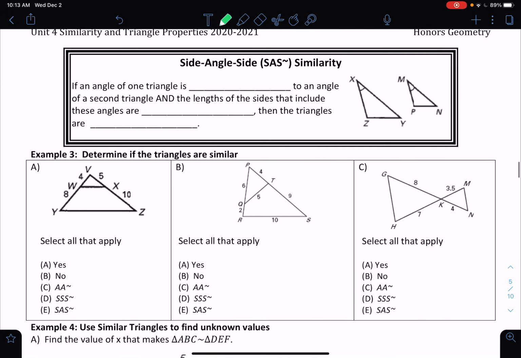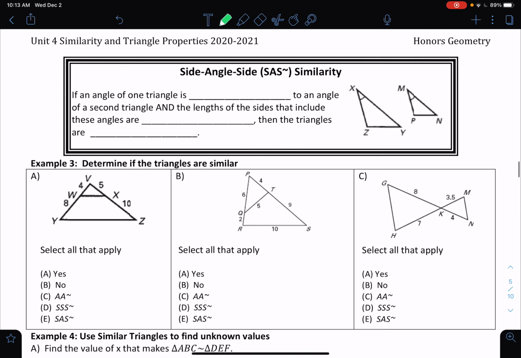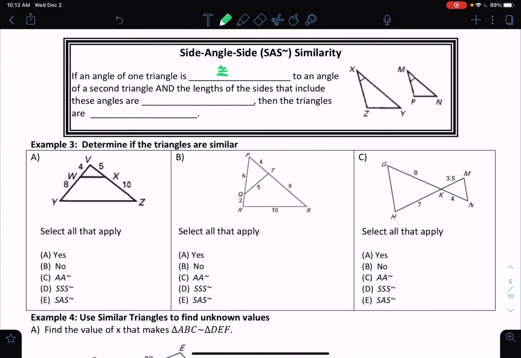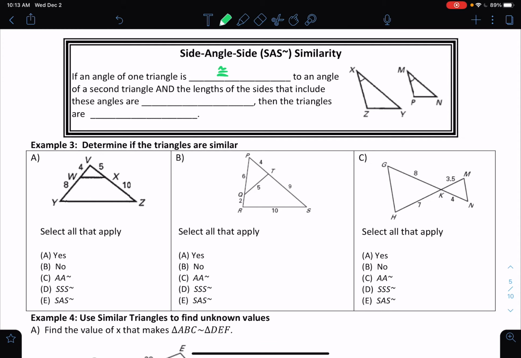All right, and the last theorem is side angle side similarity. So if an angle of one triangle is congruent to an angle of another triangle, and the lengths of the sides that include those angles are proportional, then the triangles are similar. Okay?